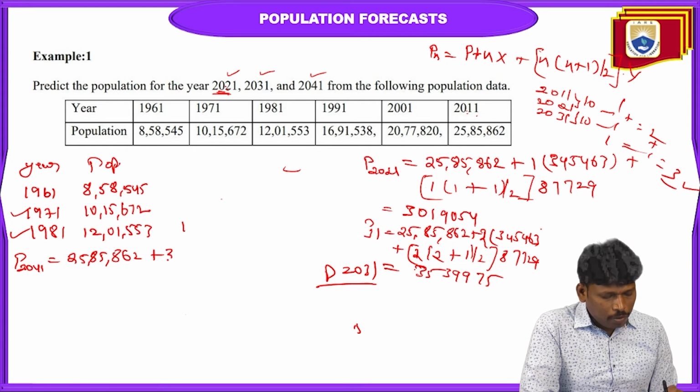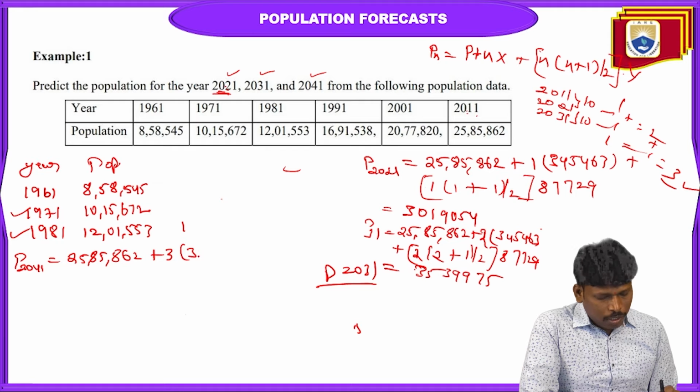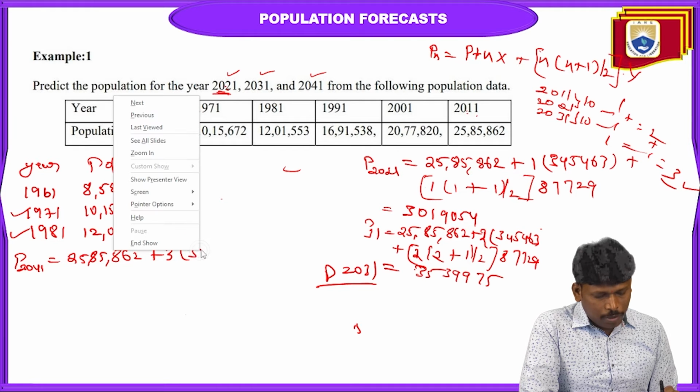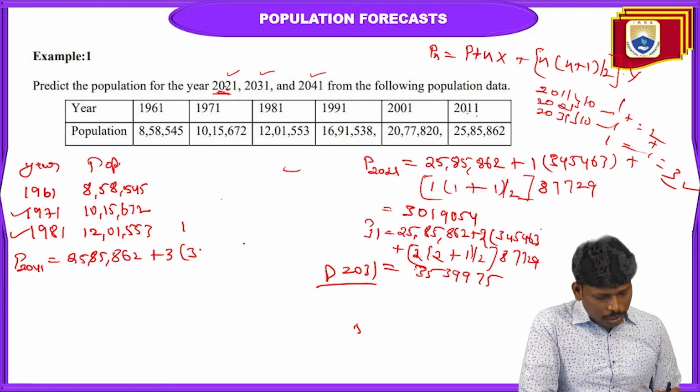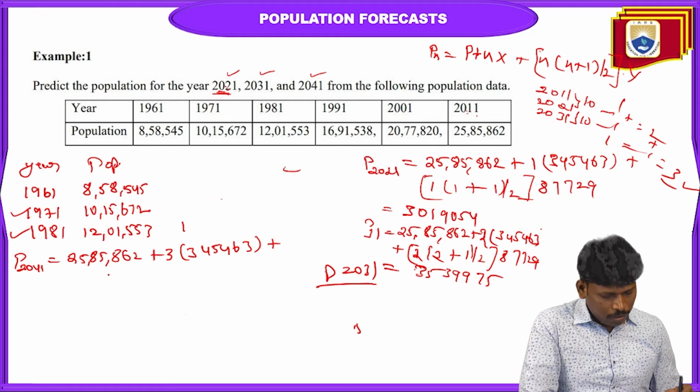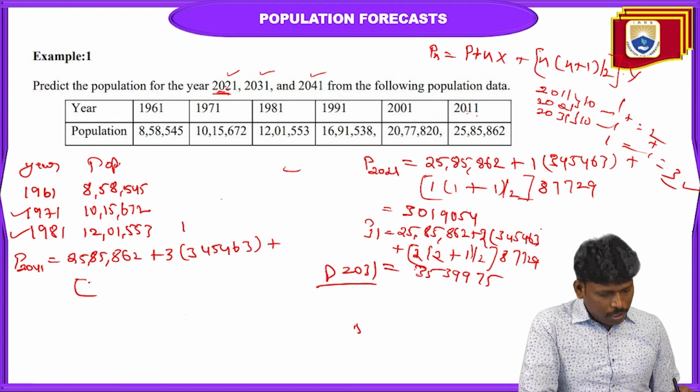So then it becomes 3, and the average value of incremental increase, sorry, arithmetical increase, 1, is equal to 345463. Then plus the number of decades, 3 decades after 2011, so that becomes 3.